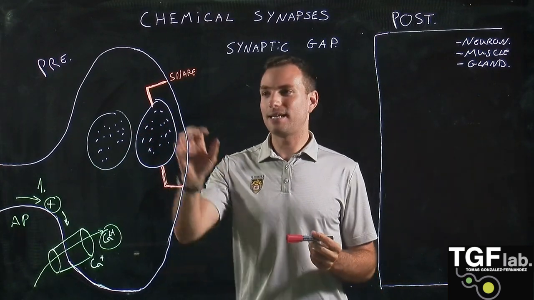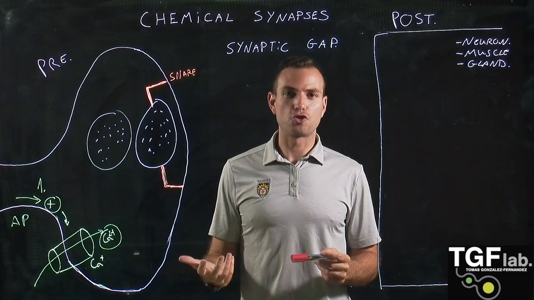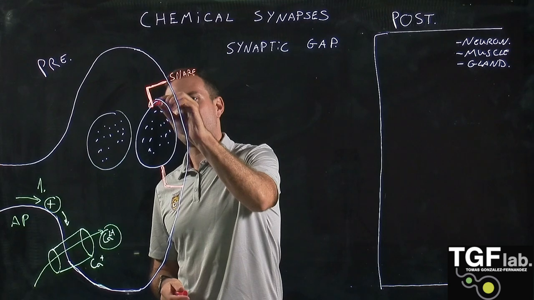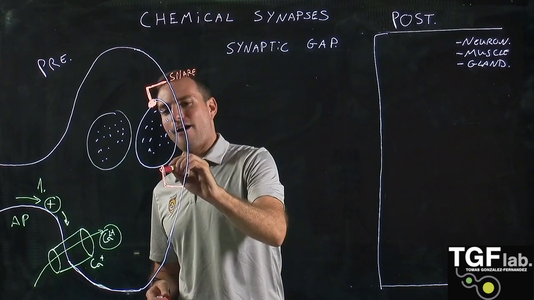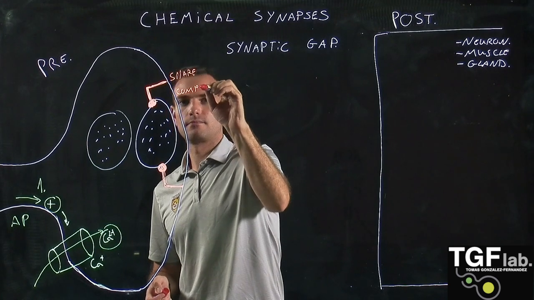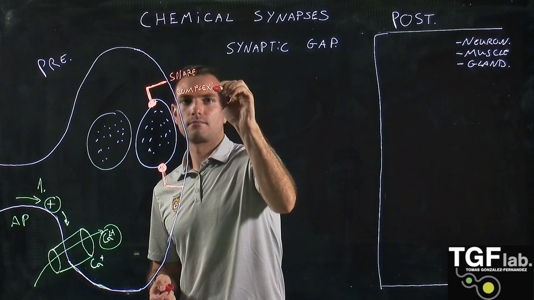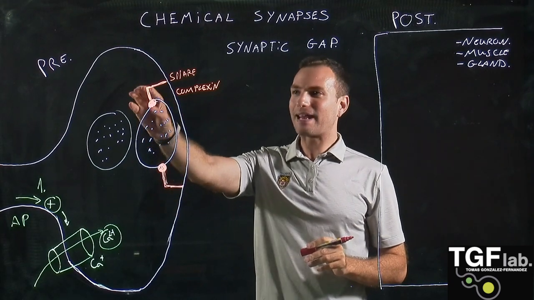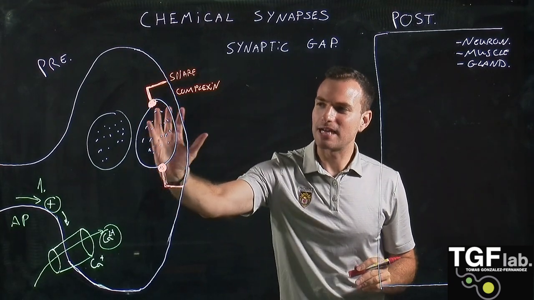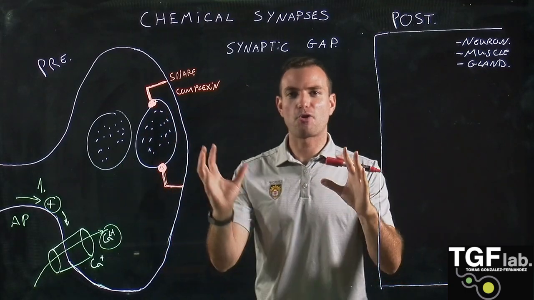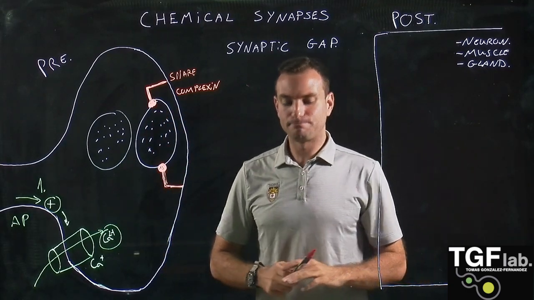But this whole process is controlled by two other proteins. The first protein that we have is complexin. Okay. The complexin is going to inhibit the SNAREs from bringing the vesicle closer to the cell membrane and from allowing this merging of the vesicle with the cell membrane.